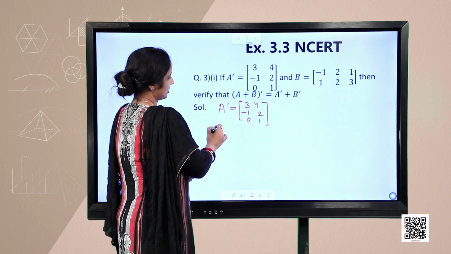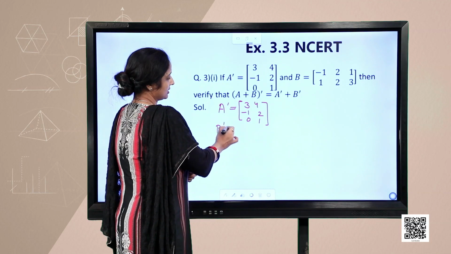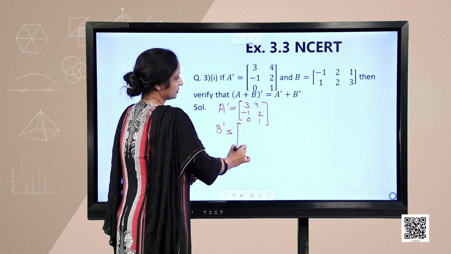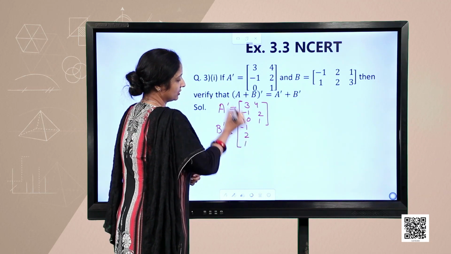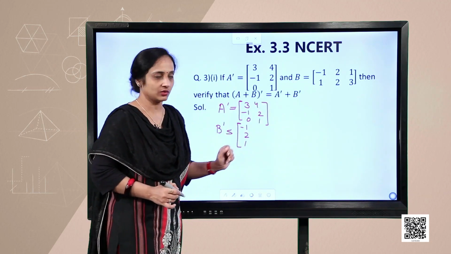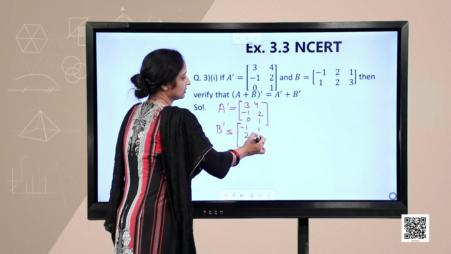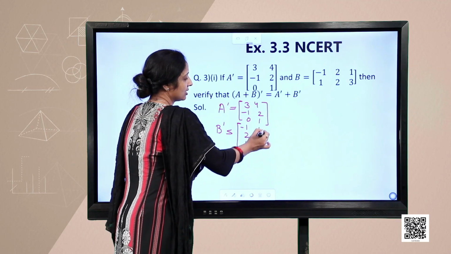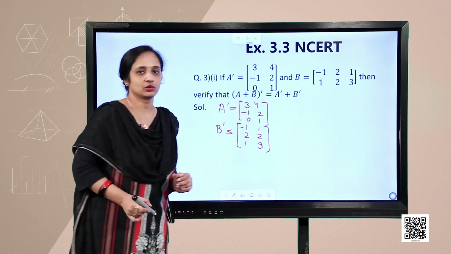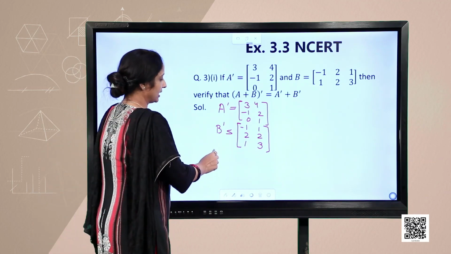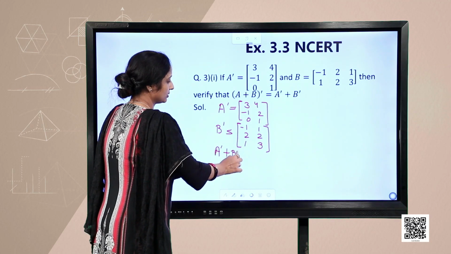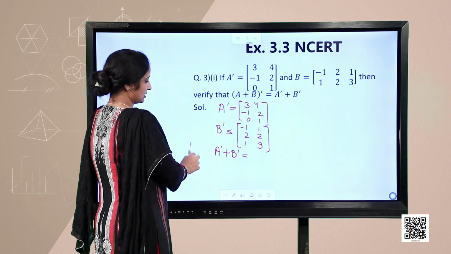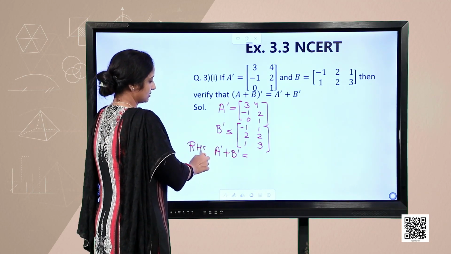Then I am given B. So, I can easily calculate its transpose, B transpose, like this: minus 1, 2, 1, R1 will become column 1, then 1, 2, 3, that R2 will become column 2. After that, you will add these two matrices, A transpose plus B transpose. This is our right hand side.